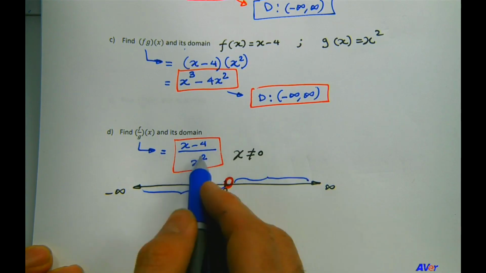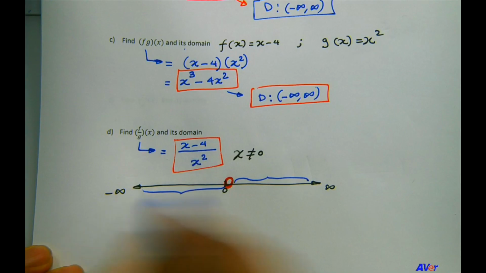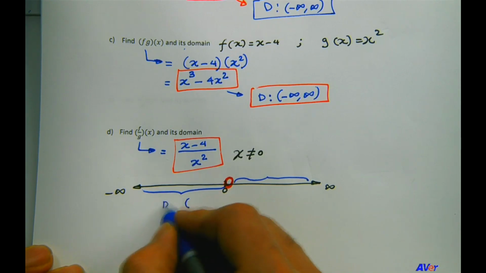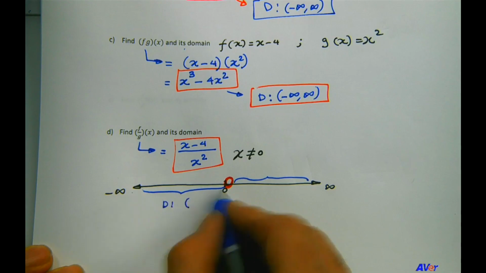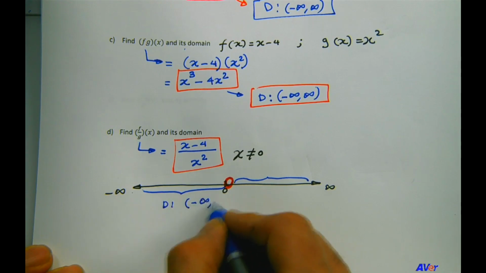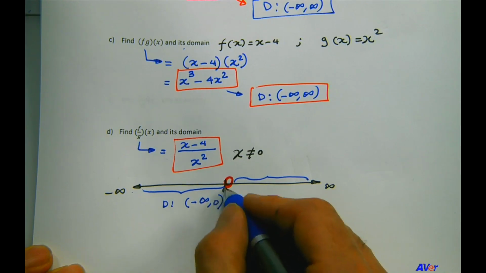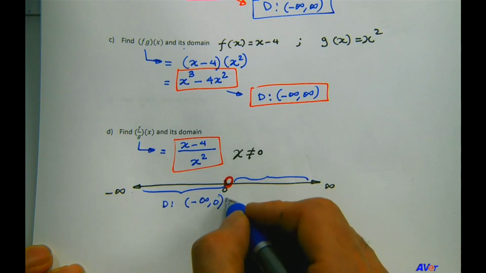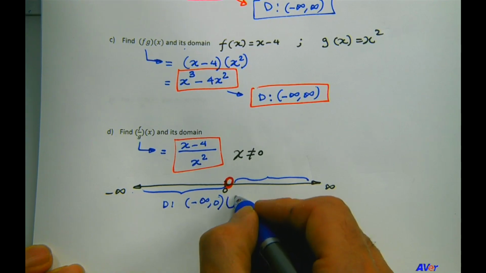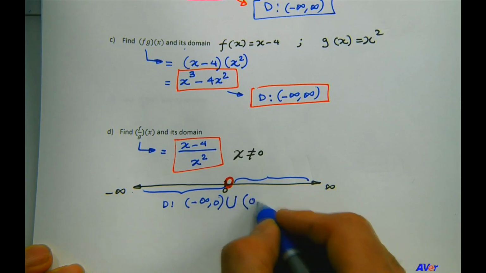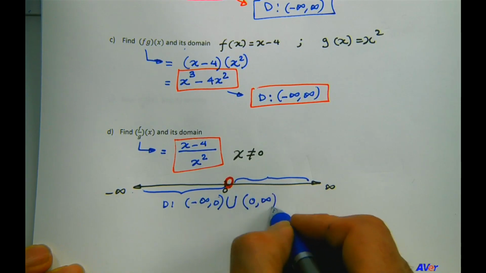So according to the final combined function, the domain should be negative infinity to 0, parenthesis, right? Because 0 is not included. So parenthesis, union, this piece, right? Parenthesis 0, comma, infinity.